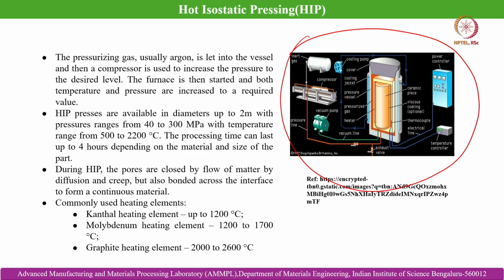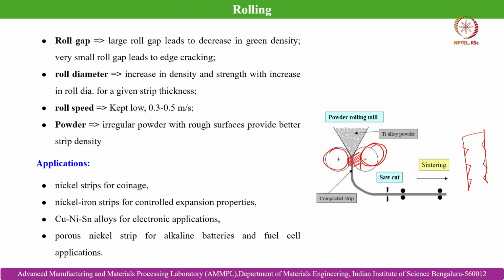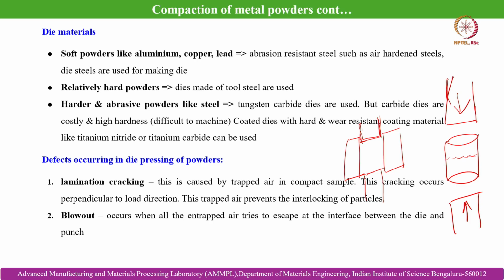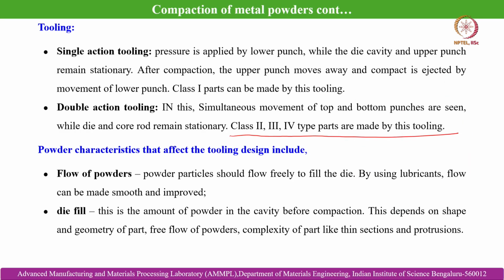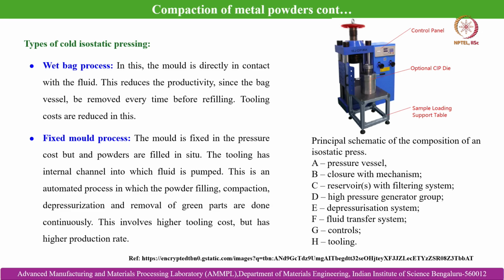HIP presses are available in diameters up to 2 meters with pressure ranges from 40 to 300 MPa and temperature ranges from 500 to 2200 degrees centigrade. One thing is interesting to note here. Compared to the cold isostatic pressing that we discussed earlier, I would like to draw your attention to the pressure regime.